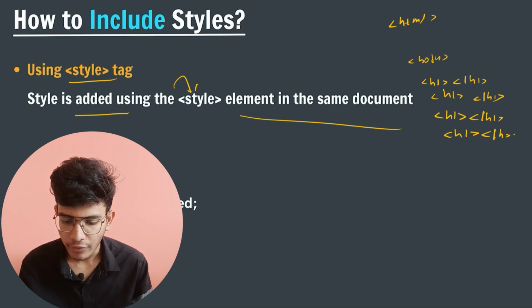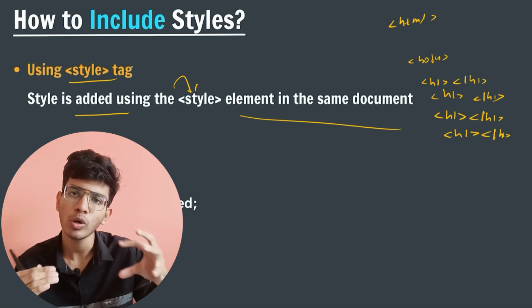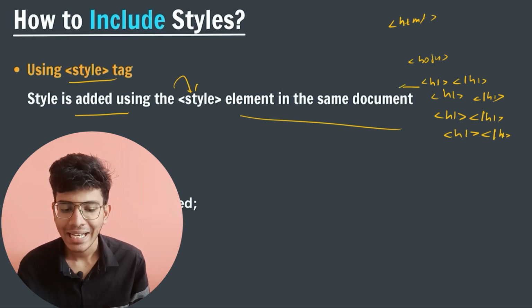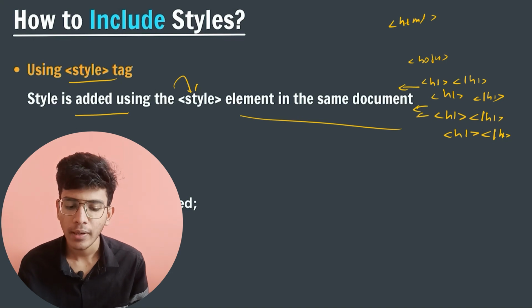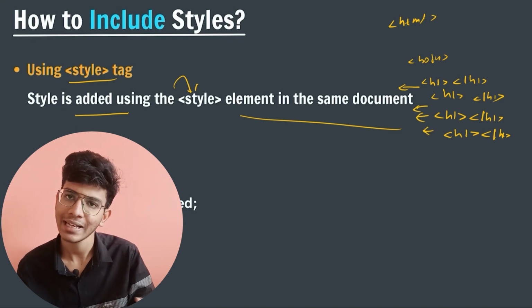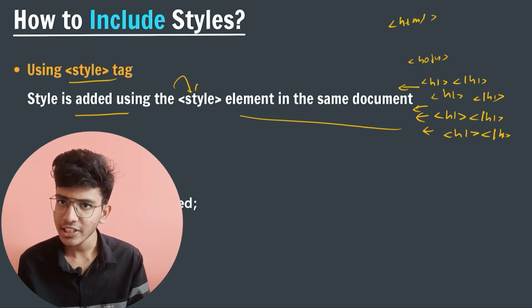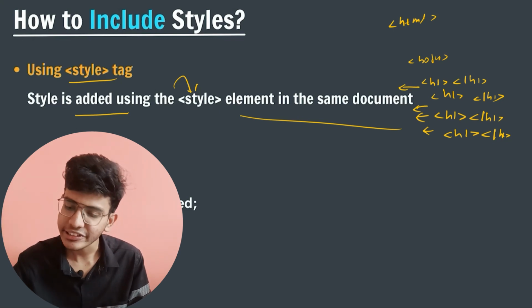Like this, I have 4 h1 tags, and I don't want to give inline styling to these 4 tags individually. I want to apply the same styling to all these 4 tags at once.